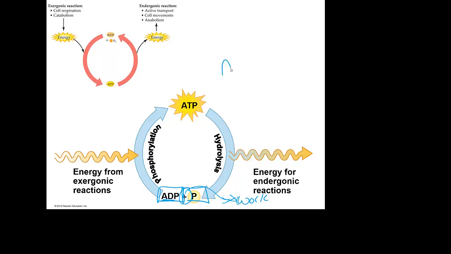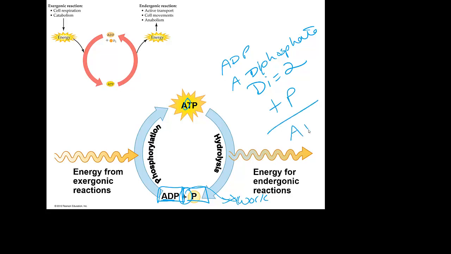ADP is adenosine diphosphate. Di equals 2, so there are just 2 phosphates. To get back to adenosine triphosphate, we just add a phosphate. So phosphorylation is the addition of a phosphate.